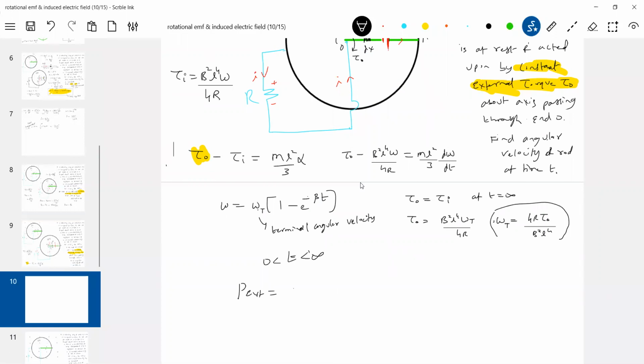A part of it is used for increasing the rotational kinetic energy of the rod, and the remaining power is dissipated in the resistor R. After a long time, at t equal to infinity, the power generated by the external agent is directly dissipated as power in the resistor R, where the current will be constant. How to calculate I infinity? We know omega is constant, so I is equal to B omega t. This will be the power relationship.